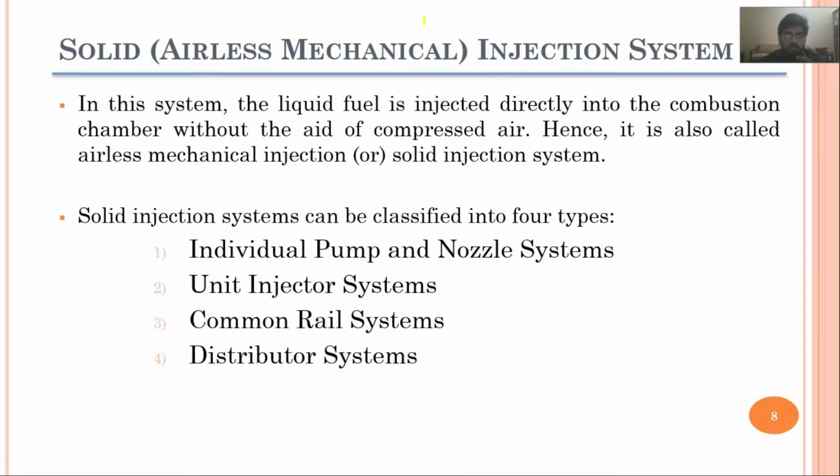Now moving towards the solid injection system, as I explained earlier, in a solid injection system we are not using air for pressurizing the fuel. Therefore, these systems are sometimes also referred to as airless mechanical injection systems.